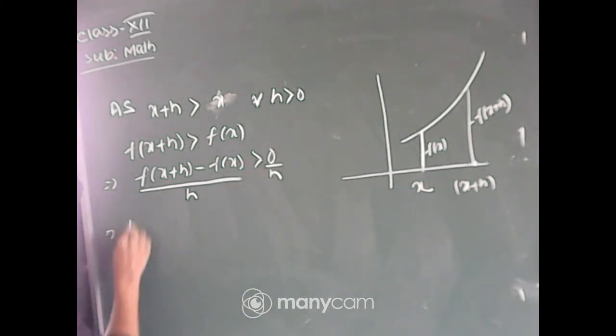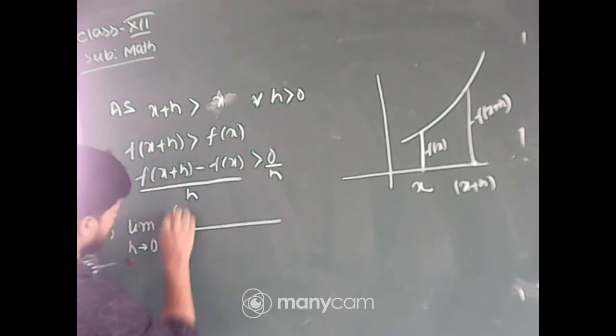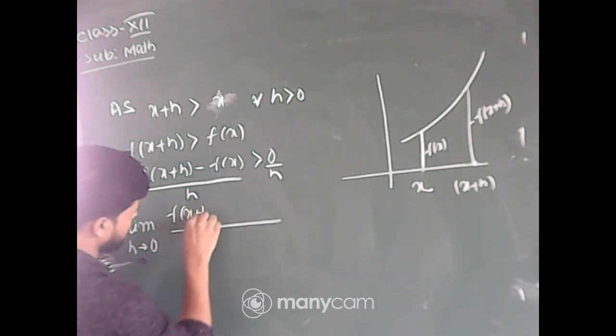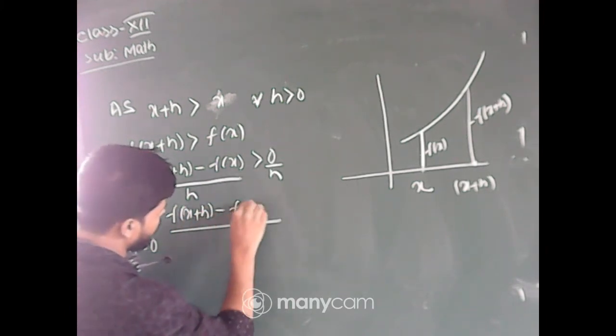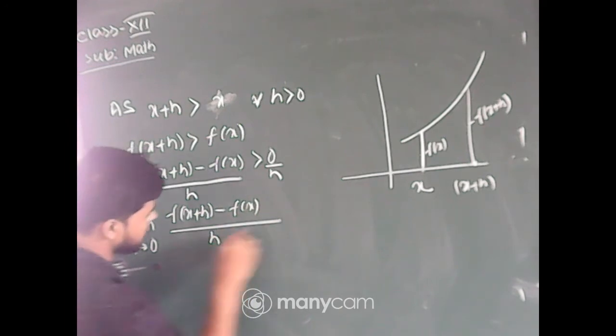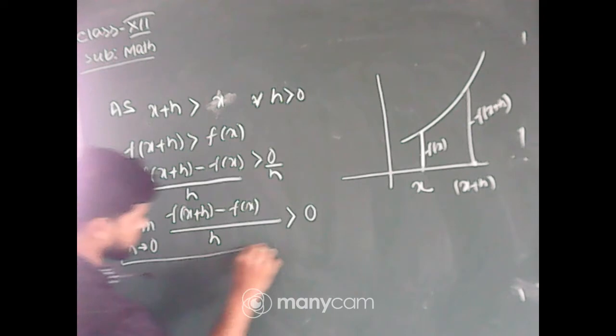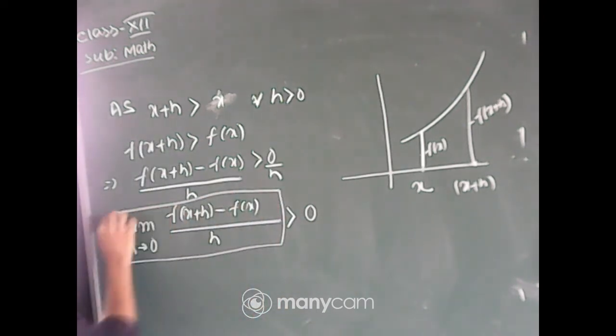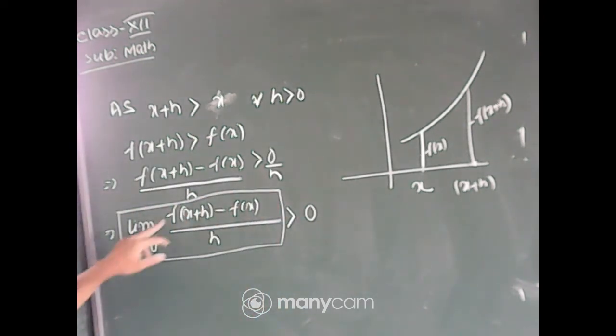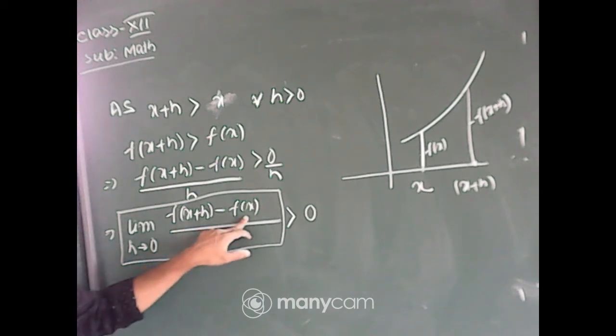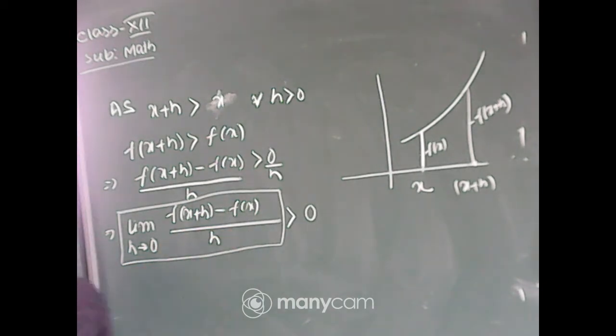Now if I take limit as h tends to 0, f of x plus h minus f of x by h is greater than 0. Now tell me one thing, what is this? Limit h tends to 0, f of x plus h minus f of x by h. What is this term? Can you tell me?